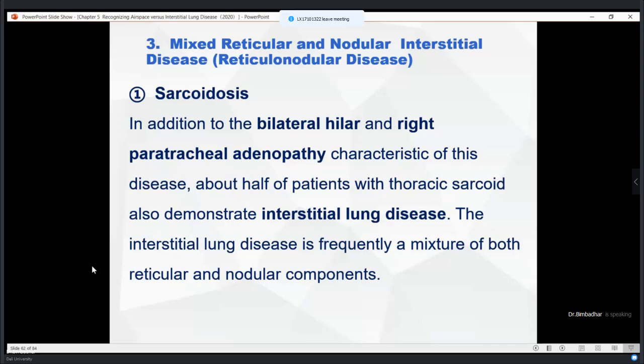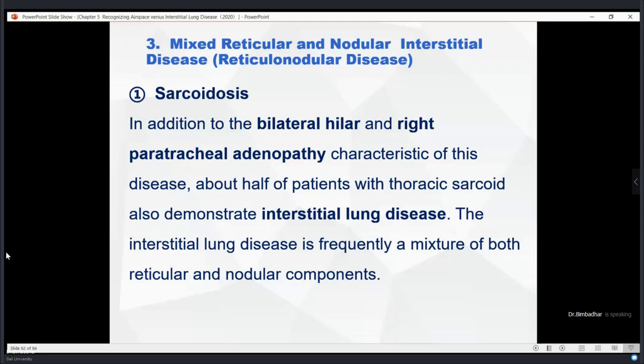It has a wide range of symptoms because of multiple system involvement, but the confirmation or diagnosis is generally based on the chest X-ray, where we do the staging of sarcoidosis.